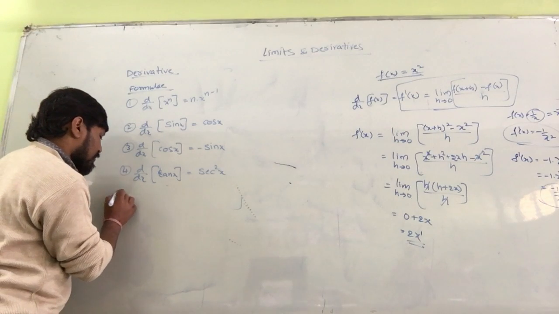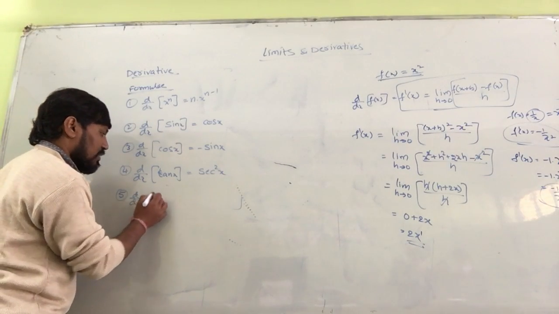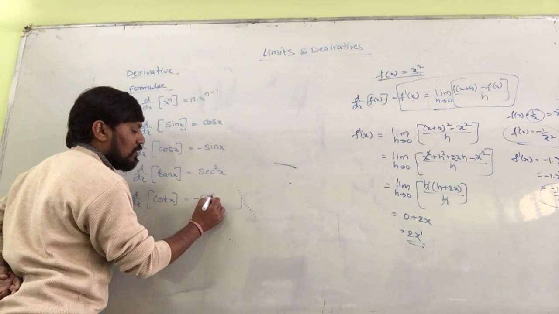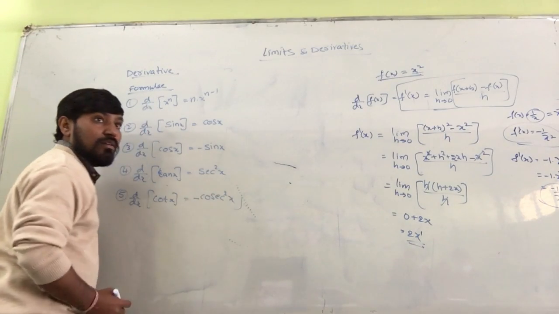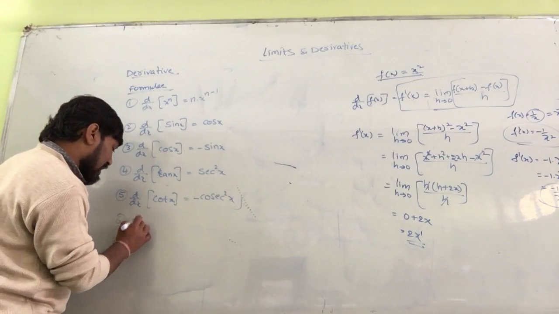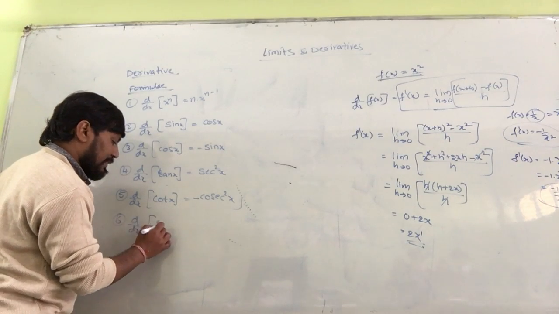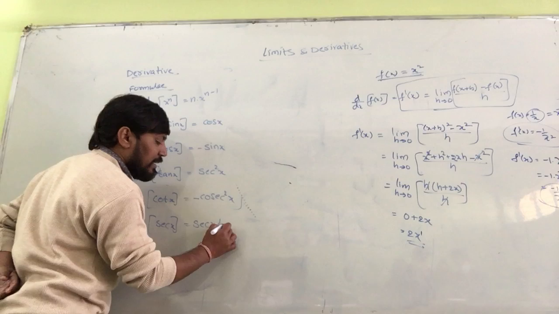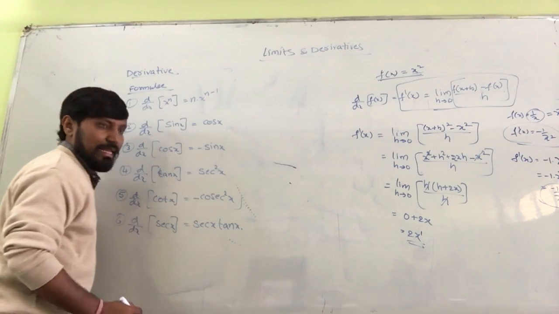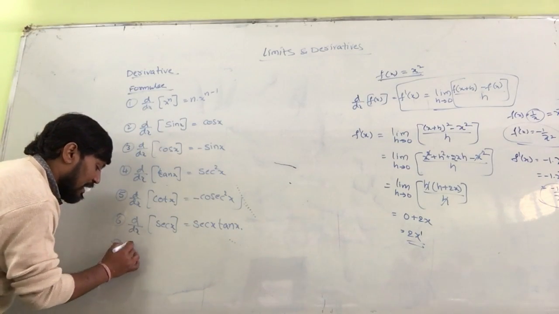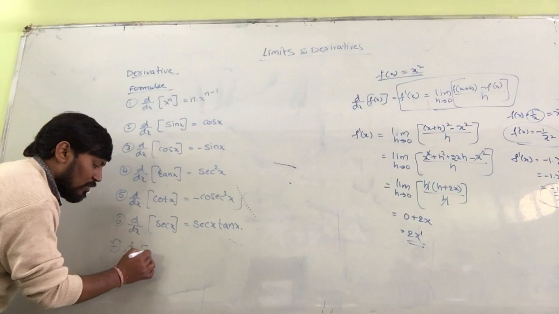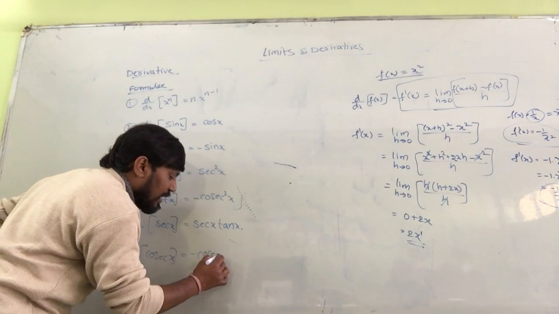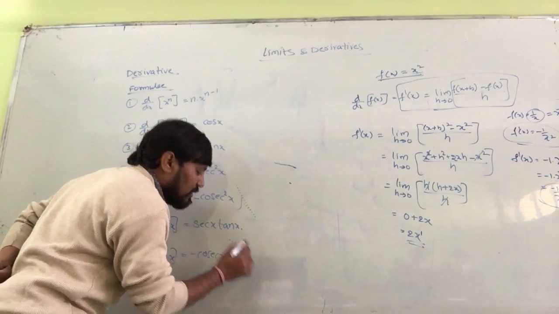Fifth, d by dx of cot x is equal to minus cosec square x. Sixth, d by dx of secant x is sec x into tan x. And seventh, d by dx of cosec x is minus cosec x into cot x.